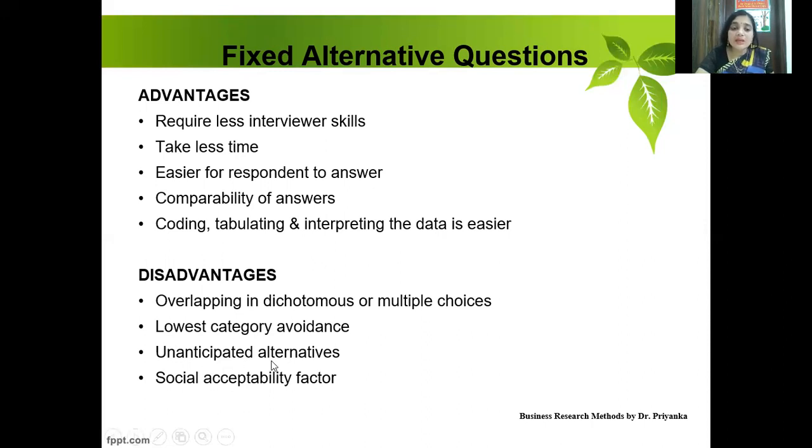Then unanticipated alternatives, yes, sometimes we provide alternatives as per our own knowledge, and we just don't provide some alternatives which were really important, and because of that sometimes we get fewer answers from people who have some other alternative answer in their mind. Then social acceptability factor, yes, this is also there. Because of that also, sometimes we fill the questionnaire but we don't understand it completely.